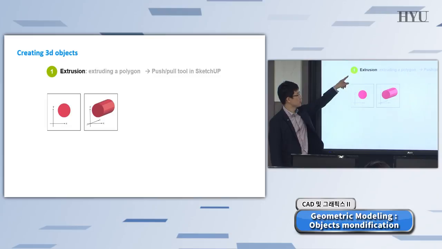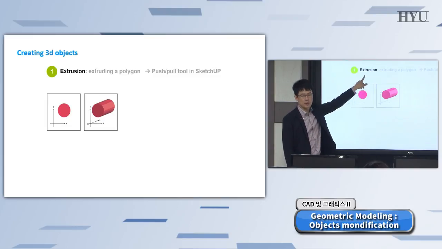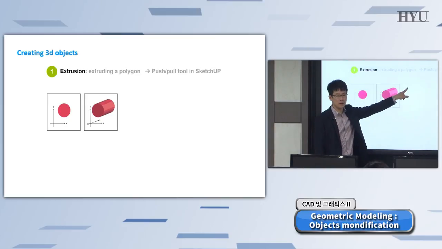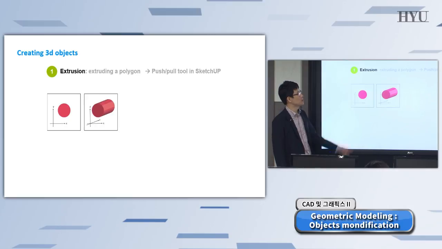The first way, the first mechanism, is extrusion. You know this, okay? Push-pull in SketchUp, extrude in AutoCAD. So in a 2D plane, there is 2D geometry. You can extend that along another axis, usually the Z-axis, extrusion, okay? This is the first fundamental way.